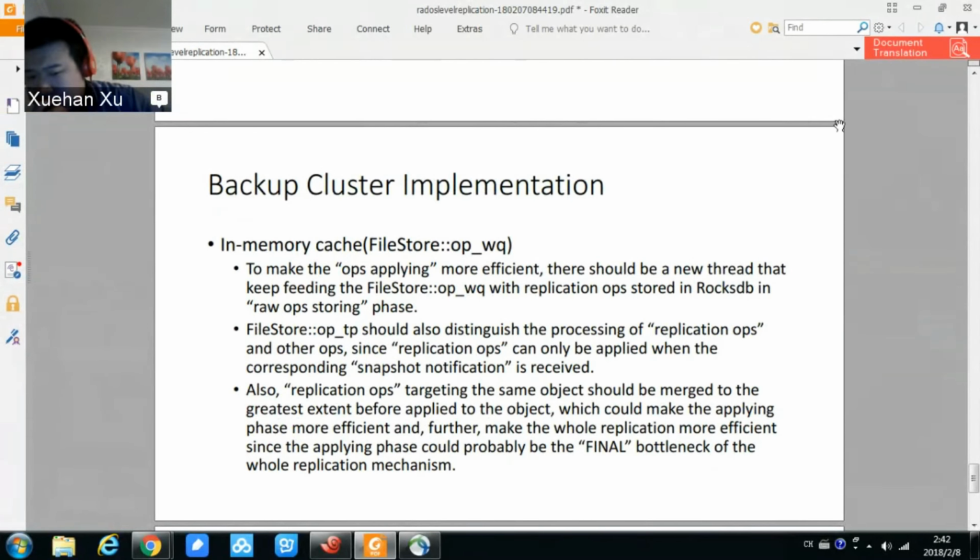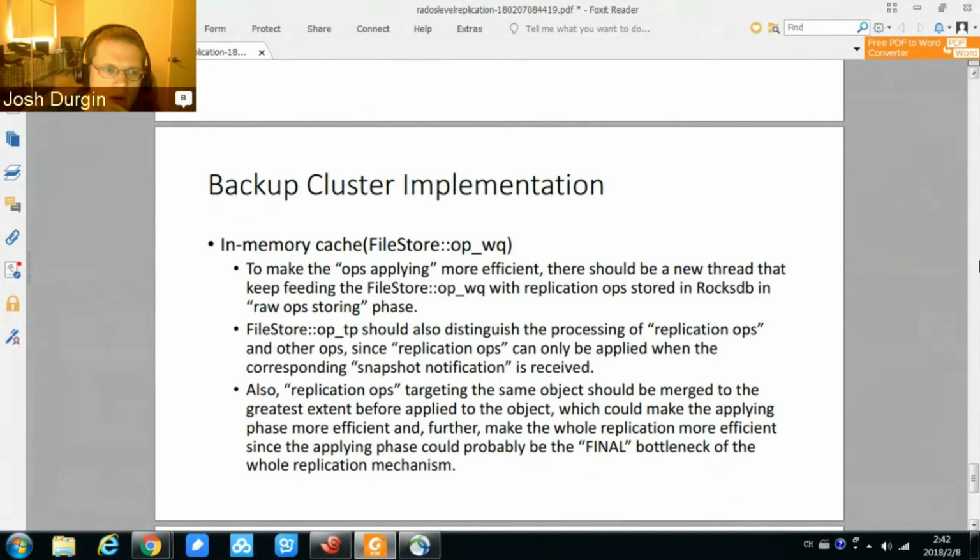Yeah, this storing replication ops in RocksDB also worries me. But do you have any suggestions on how this can be done efficiently? I guess another option would be using whatever backing store, like file store or blue store, to store them in lighter chunks that don't have the same kind of write amplification that RocksDB would.